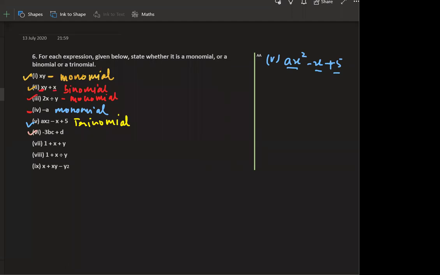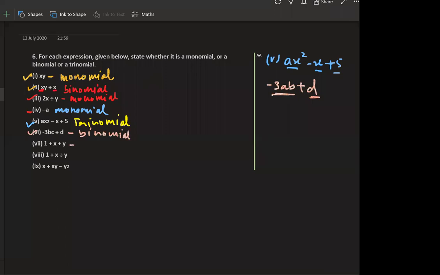Next, sixth, 3ab plus d. So how many terms? 1 and 2. 2 terms. So this is, yes, very good, binomial.